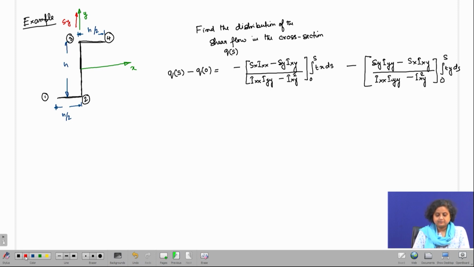Now, for the given example, Sx is equal to 0 and Sy is not equal to 0. So, Sx goes to 0, and this can be simplified as Qs minus Q0 is going to be Sy.